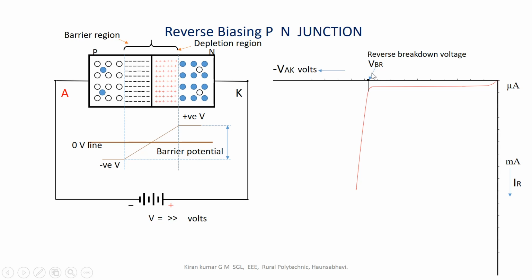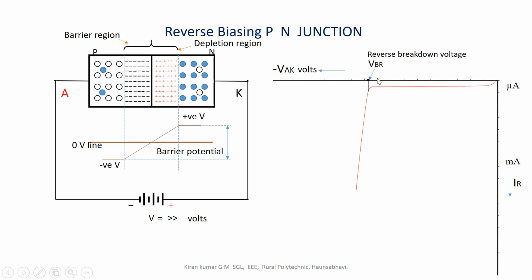This point at which this huge reverse current starts flowing is called the reverse breakdown point, and the corresponding voltage is called the reverse breakdown voltage, VBR.